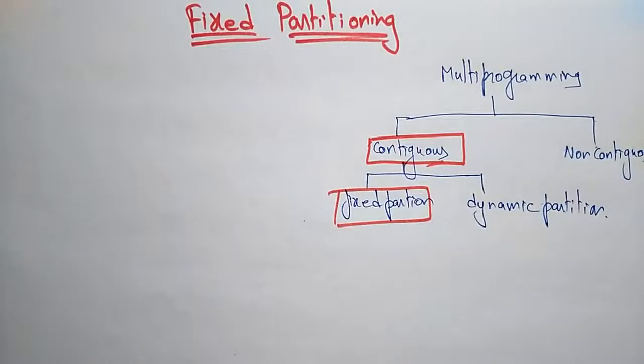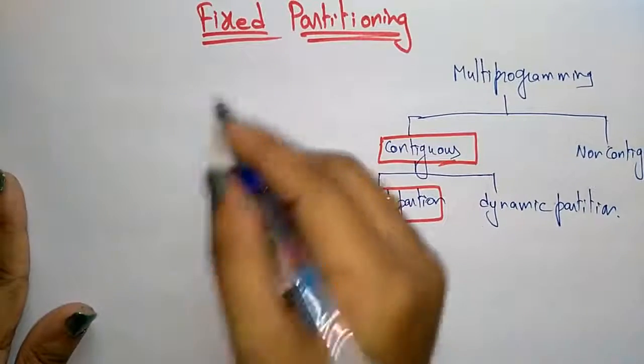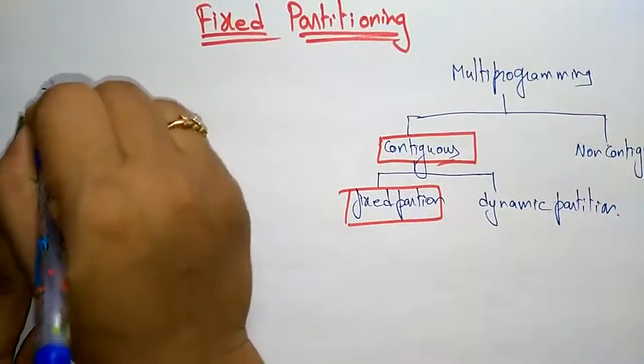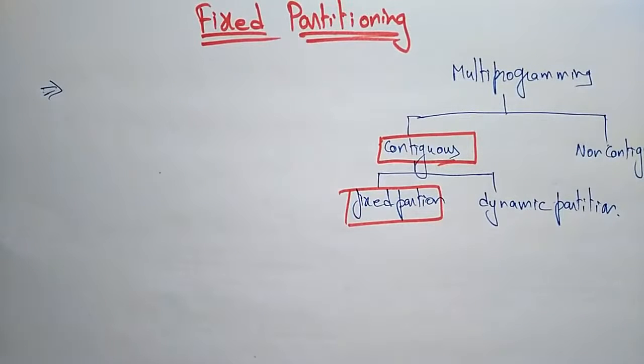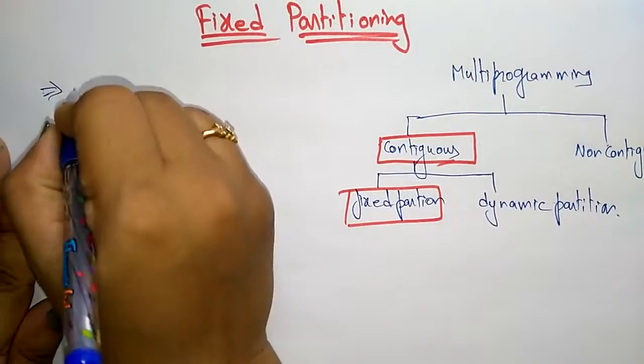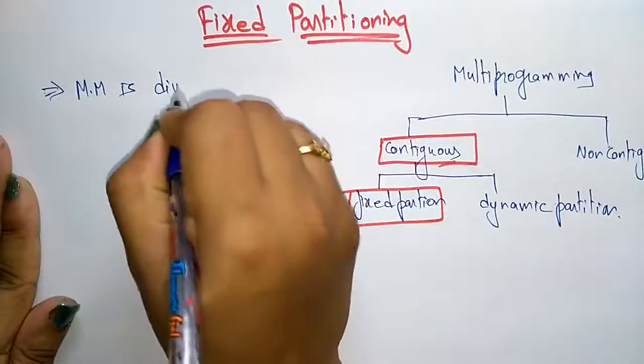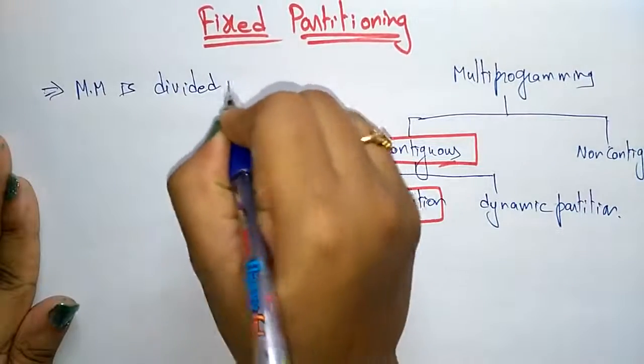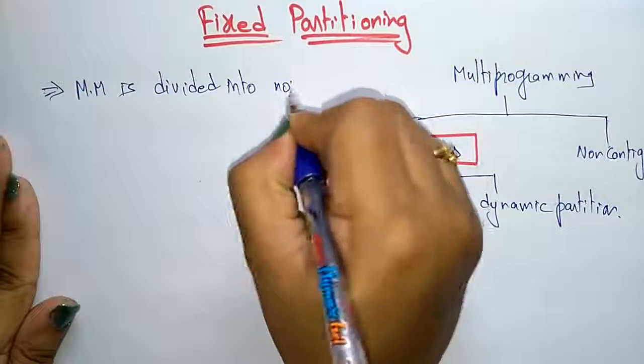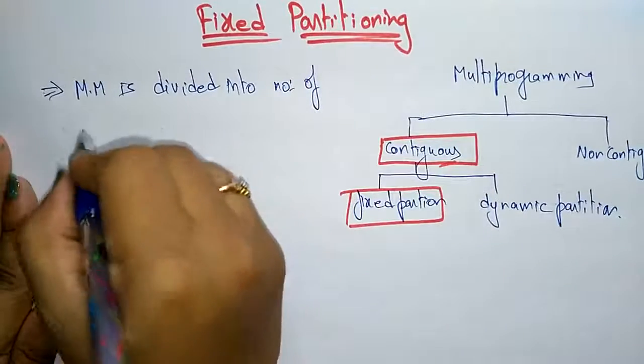So what is fixed partitioning? Whatever partitioning we do using the memory management techniques will be done in the main memory. The main memory is divided into a number of static partitions.